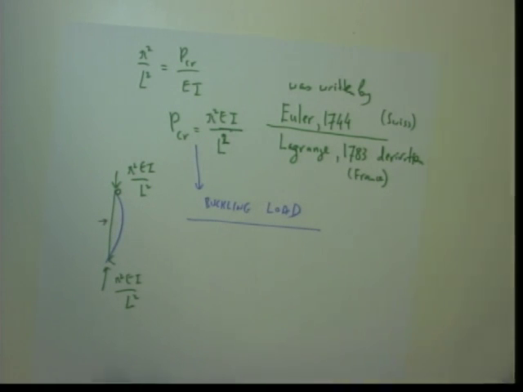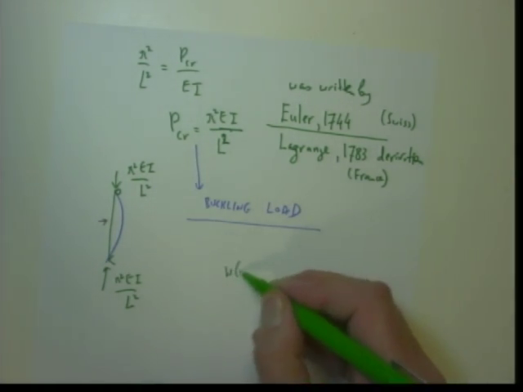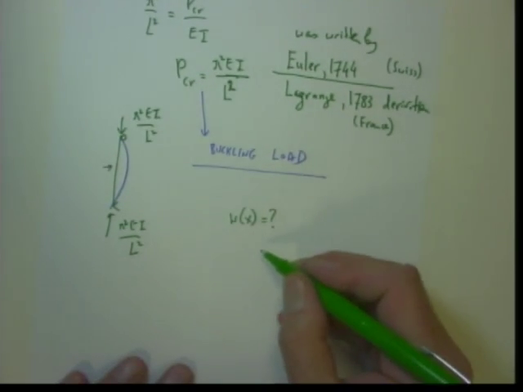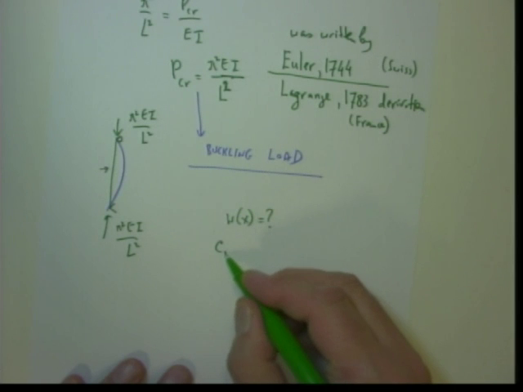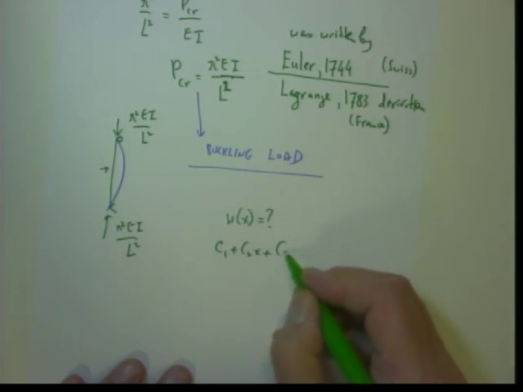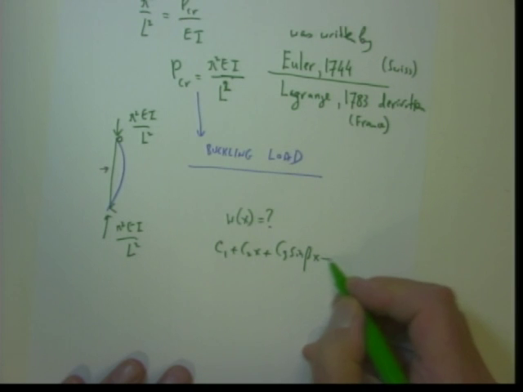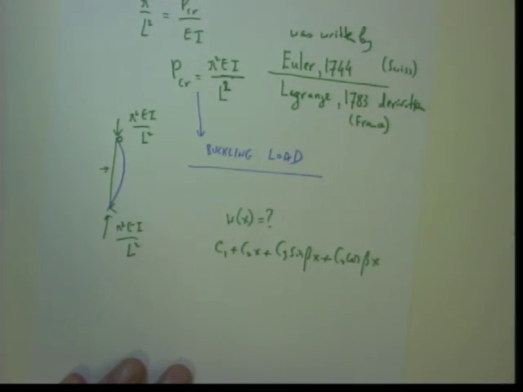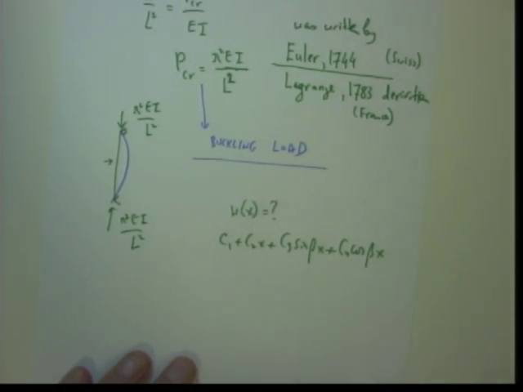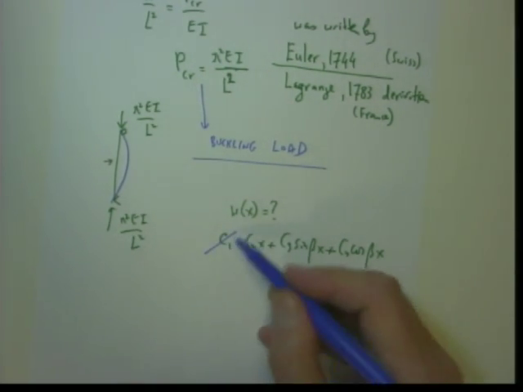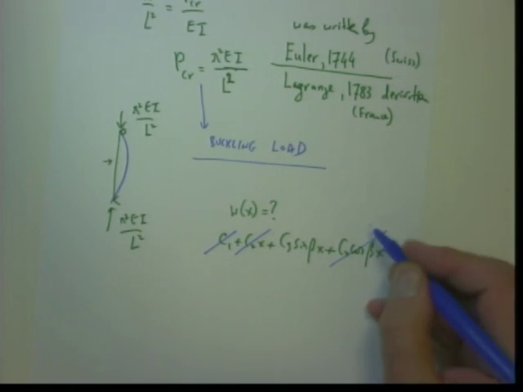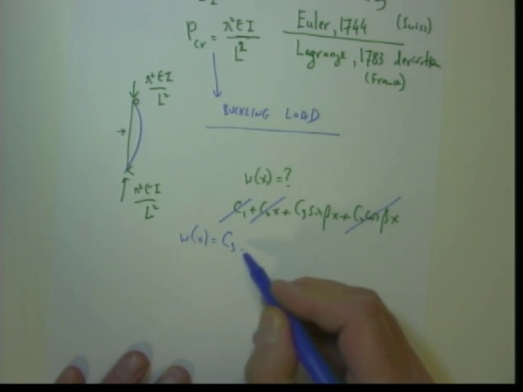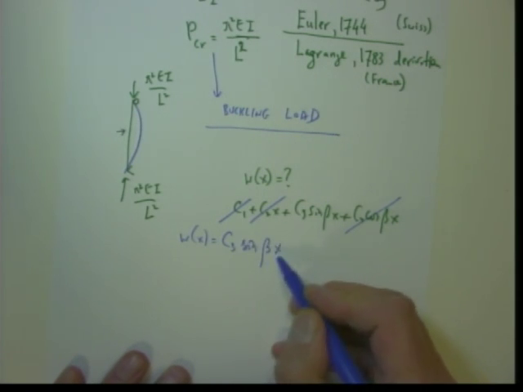Now we also want to find W of x. If you remember, W of x was C1 plus C2x plus C3 sine beta x plus C4 cosine beta x. And these constants are 0. So W of x equals C3 sine beta x.